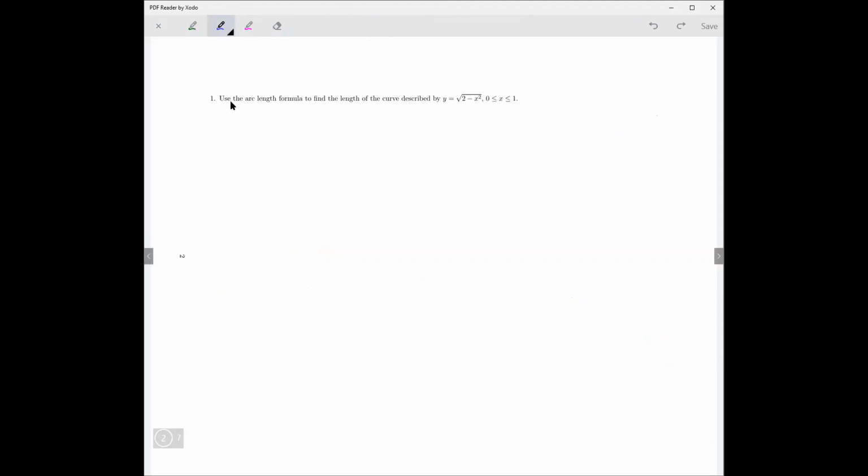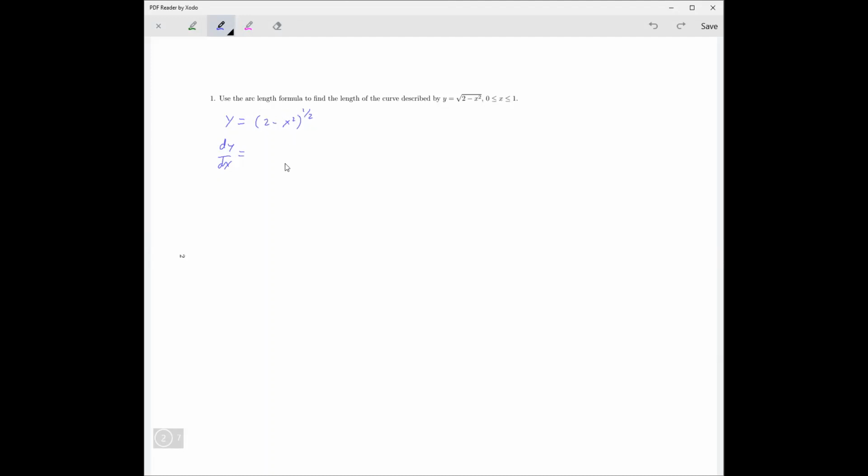Number 1, use the arc length formula to find the length of the curve described by y equals the square root of 2 minus x squared from 0 to 1. So y equals 2 minus x squared to the 1/2. The first step is you want to find dy dx, which is what we're going to put into the integral.